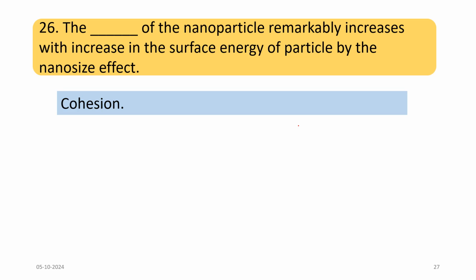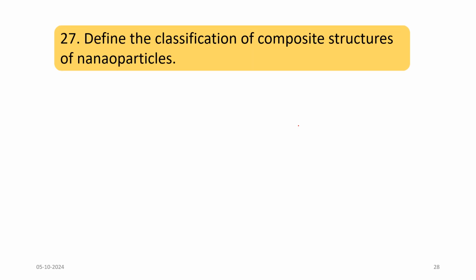That means it has a core inside and a shell of a different material at the outside. The second one is internal deposition or internal dispersion. The third one is the hollow structure, which means there is nothing inside it. And the fourth one is the porous structure.